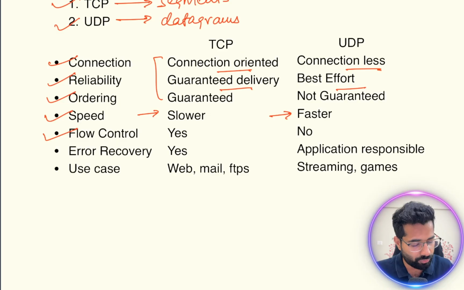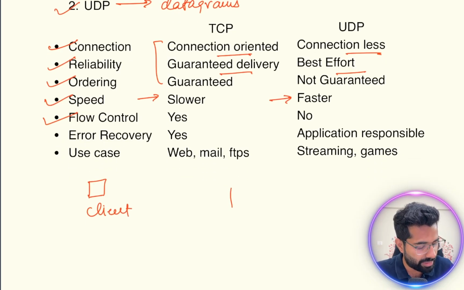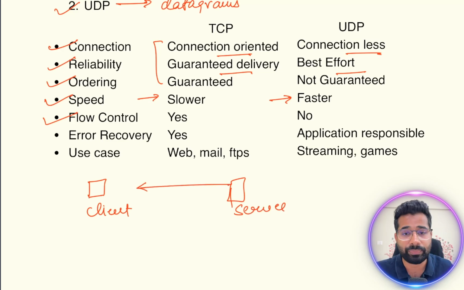Now when we talk about flow control, let's first understand what flow control is. Let's say you have a client and you have a server. Now let's say the client is downloading some data from the server, and the server is sending data at 10 Mbps, megabits per second.